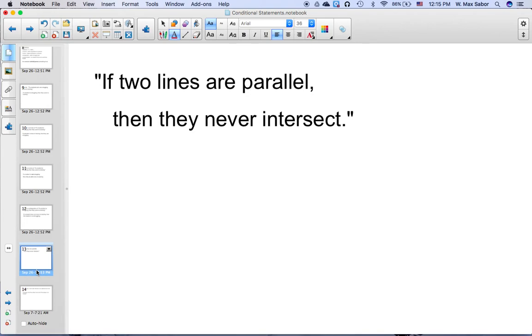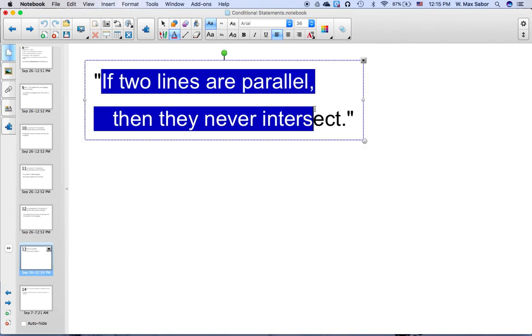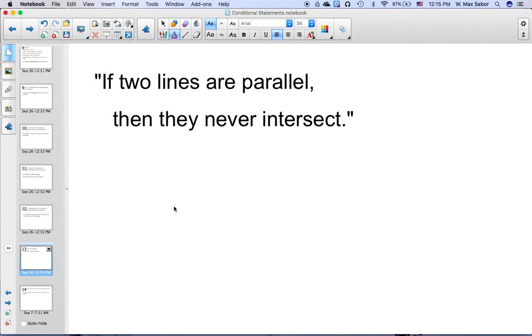This is a true statement, and the opposite is not true. The converse is not true, that if two lines never intersect, there could be a different relationship besides just parallel. But this is why we care, because we want to be able to write sentences like this and understand what we're talking about.